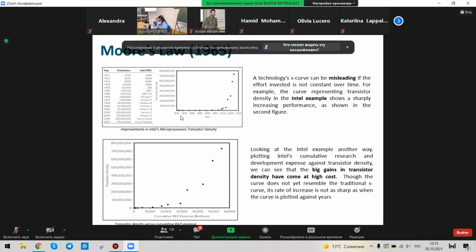So here you can see that we have time here, and the transistor density means the number of transistors within each processor.